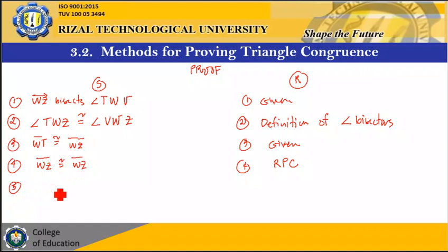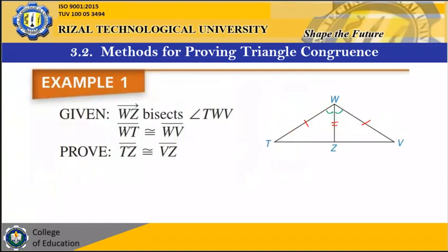In the given figure, we're already able to show that there are two congruent triangles, because the two sides are congruent and their included angles are congruent.